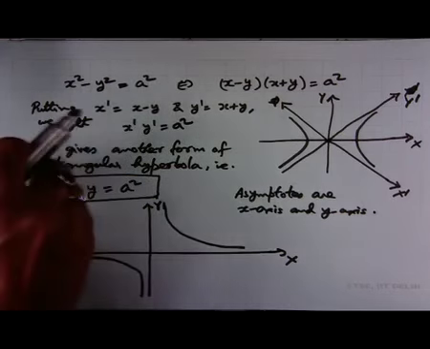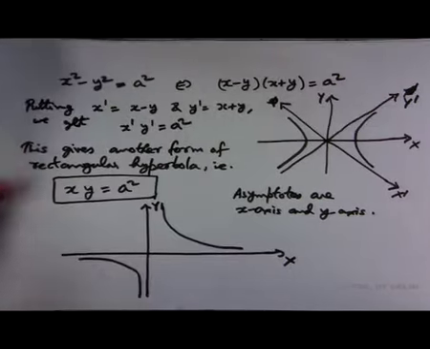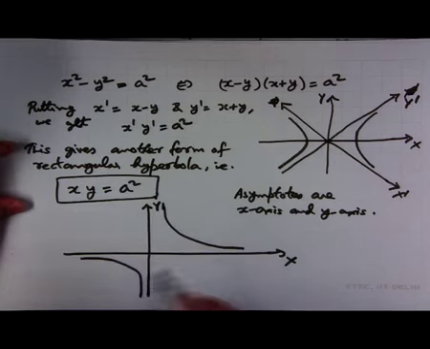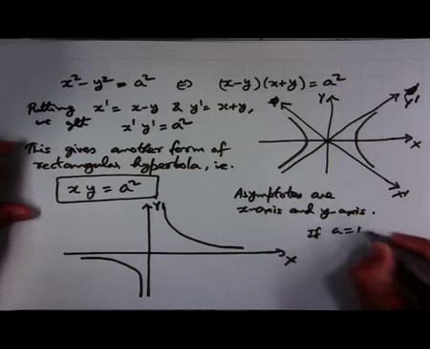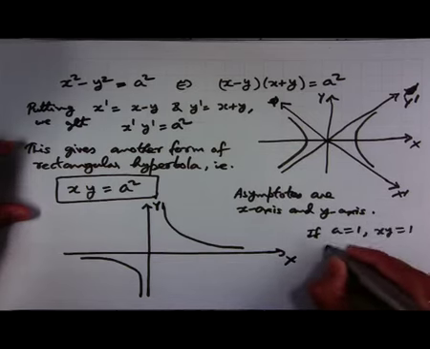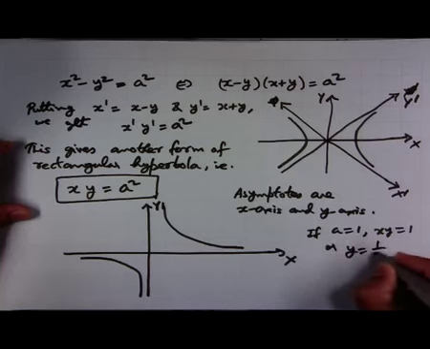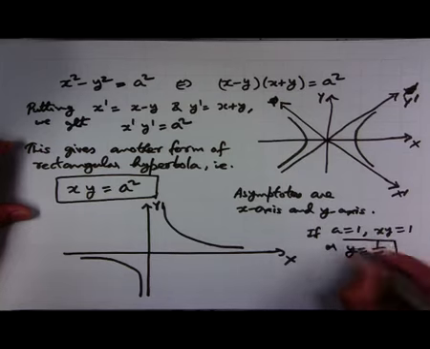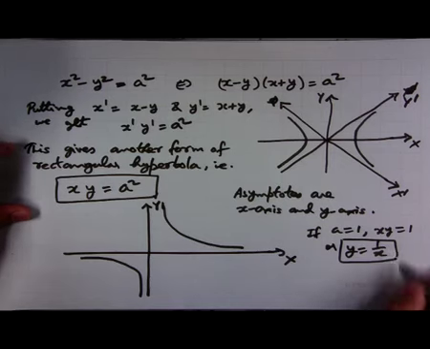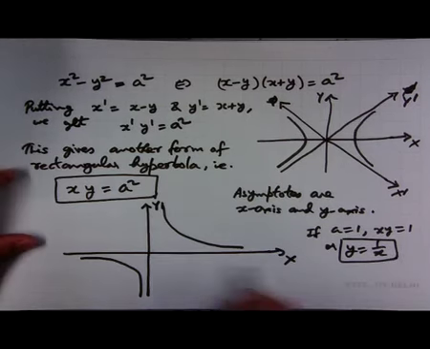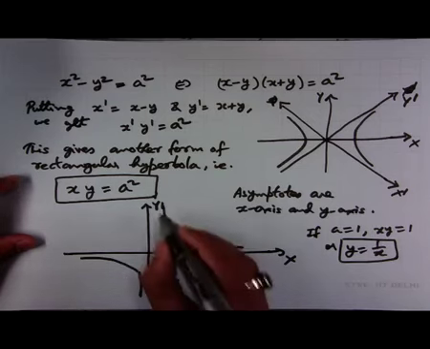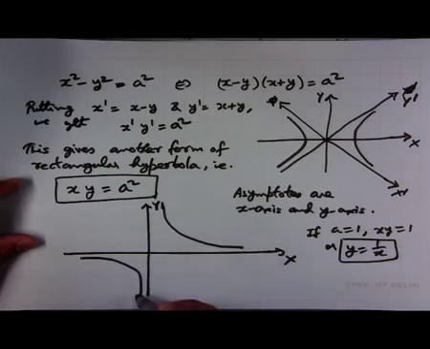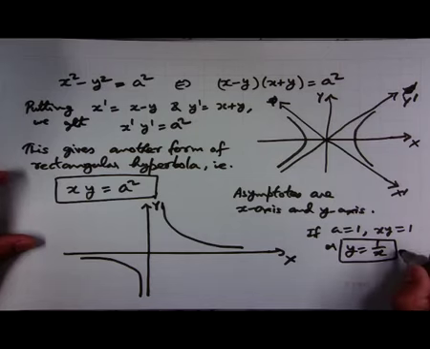Now, let us say as a special case, if a is equal to 1, we get x y is equal to 1 or y is equal to 1 by x. So, you might be familiar with the graph of this function y equal to 1 by x. This looks like this, the graph is in the first quadrant and the third quadrant.